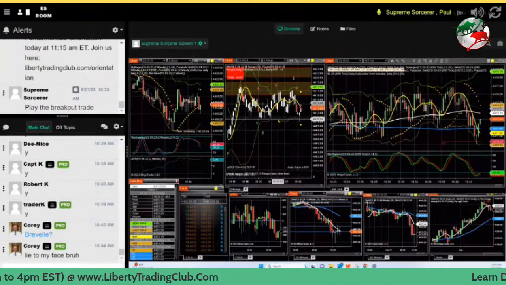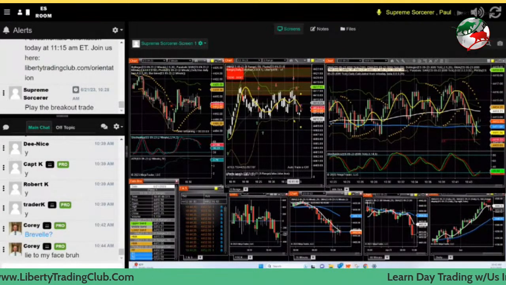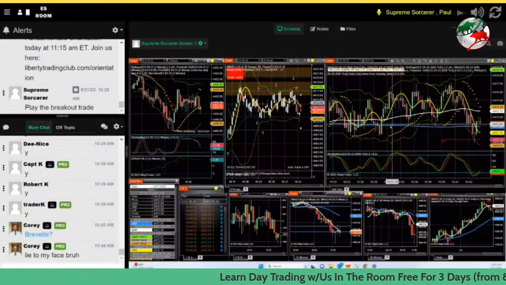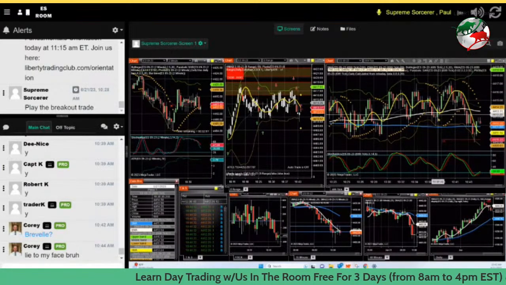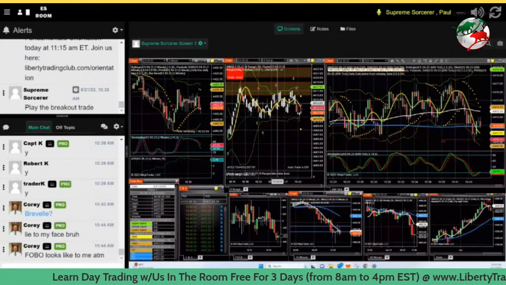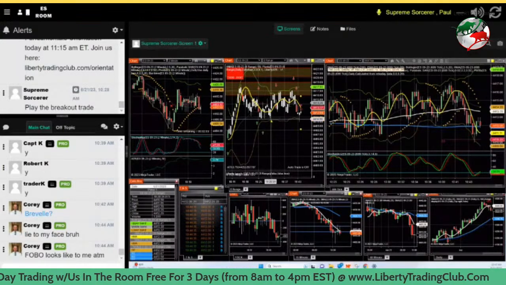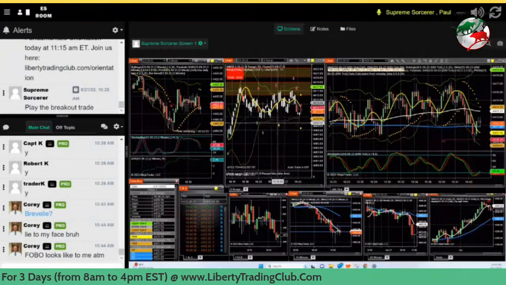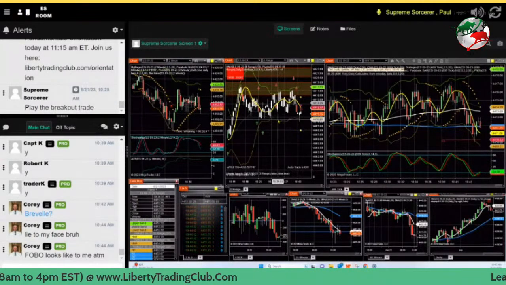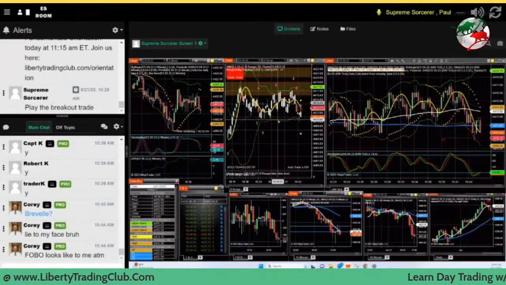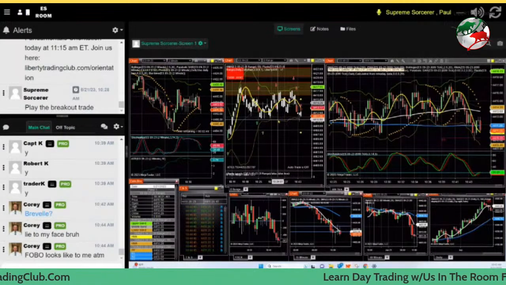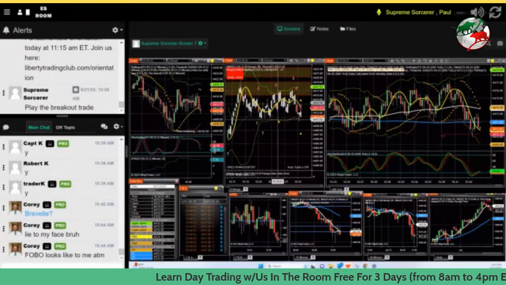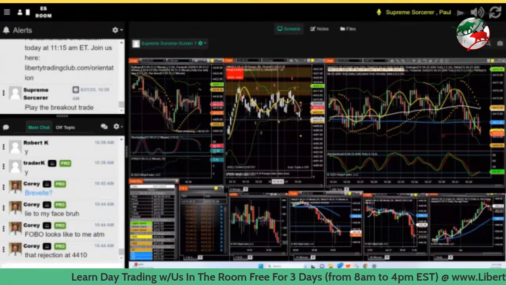I'm not confident right now, guys. I'm not really confident in any trade unless you want to trade both sides of this little range. Those of you on the breakout train, if we get another little push down, that's a sell signal.